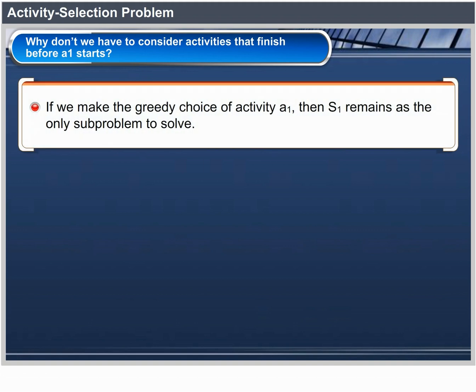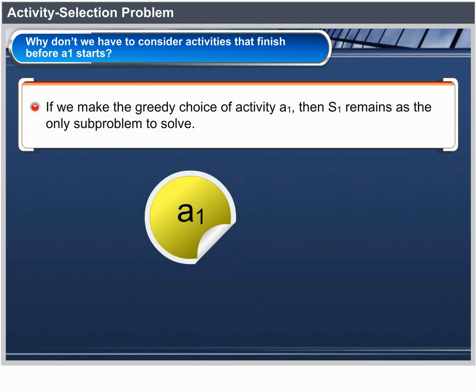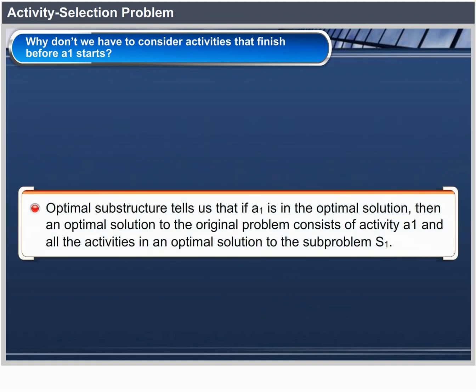If we make the greedy choice of activity A1, then S1 remains as the only subproblem to solve. Optimal substructure tells us that if A1 is in the optimal solution, then an optimal solution to the original problem consists of activity A1 and all the activities in an optimal solution to the subproblem S1.